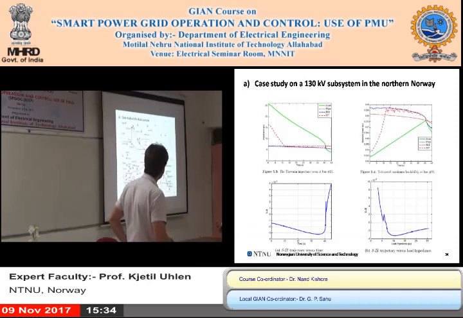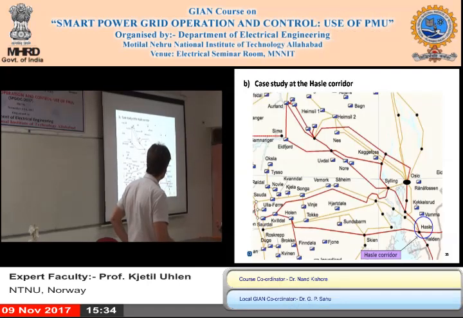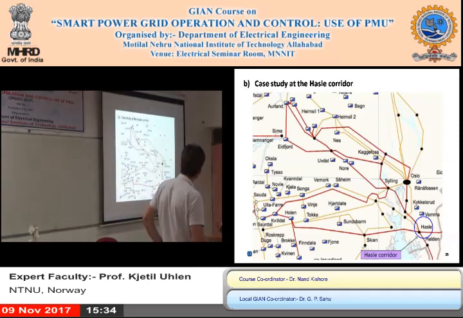Okay, another similar study in the southern part of Norway related to the Oscillation corridor, but I show more of this because this is running in real time. But it shows more or less the same.